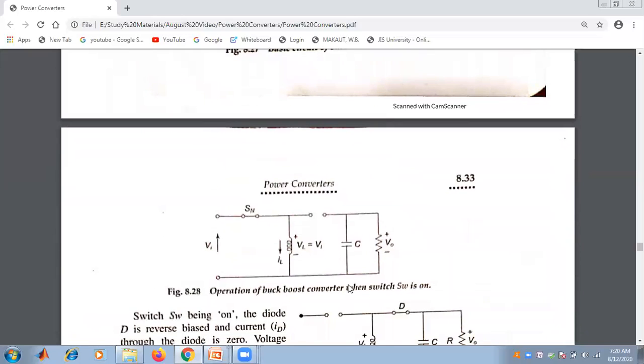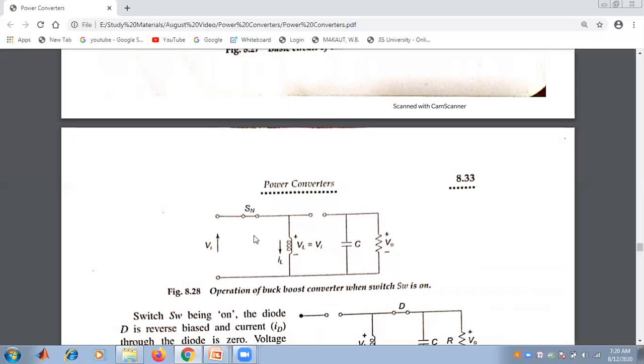Now I am coming to the operation of the buck boost converter when the switch is closed.